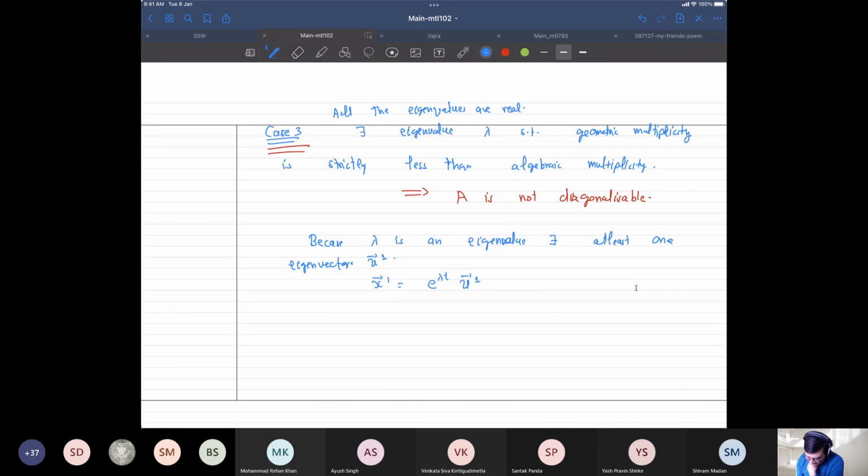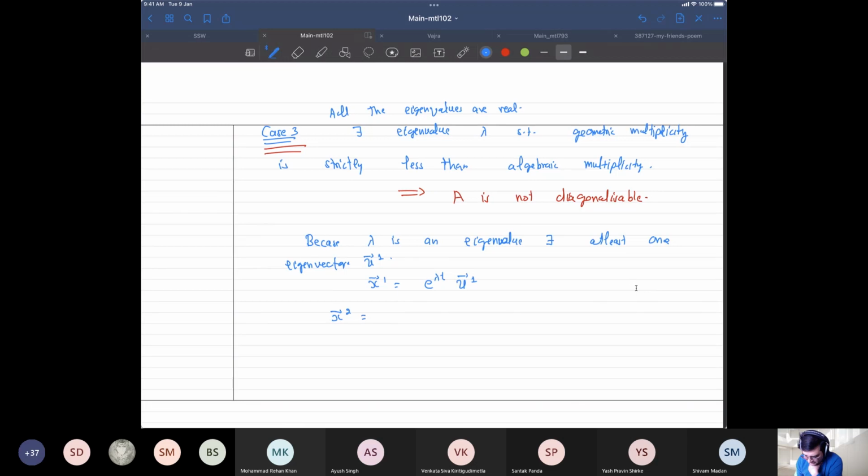Then to find the second solution, you assume the second solution is of the following form: x2 is basically v1 multiplied by t e^{lambda t}, plus e^{lambda t} u, where this u you need to find such that x2 is a solution.